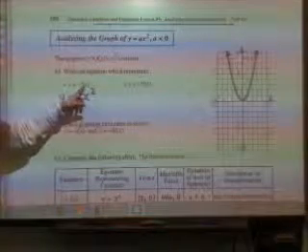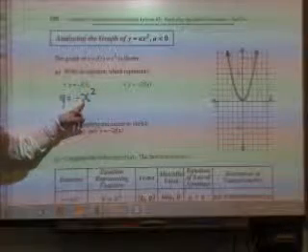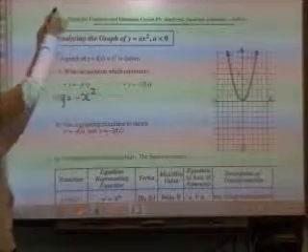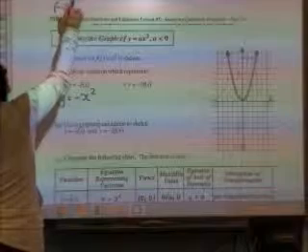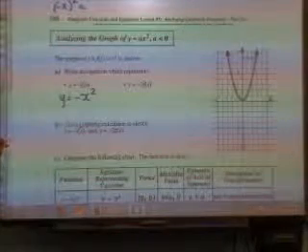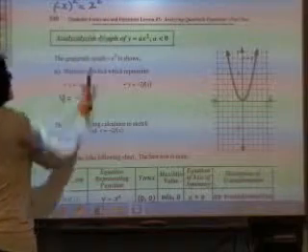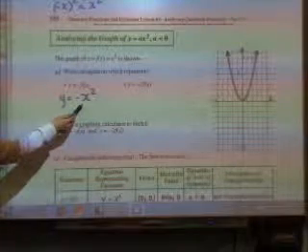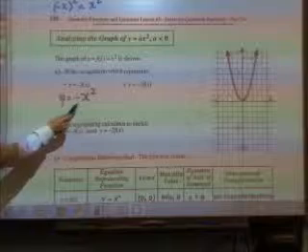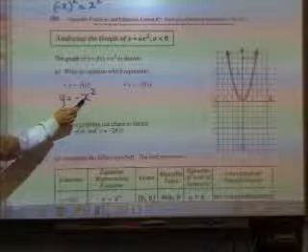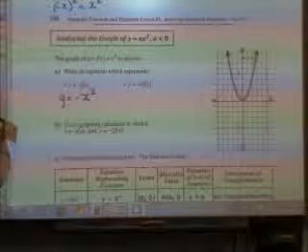If the x was negative, what is negative x squared equal to? Positive x squared. Is that the same as what I have here? No. So is the negative attached to the x? No, it's actually attached to the y's.